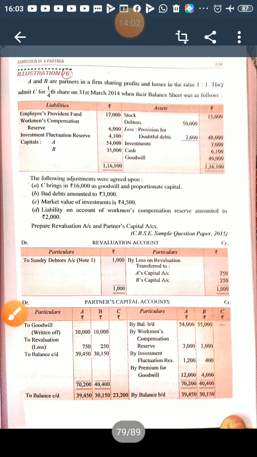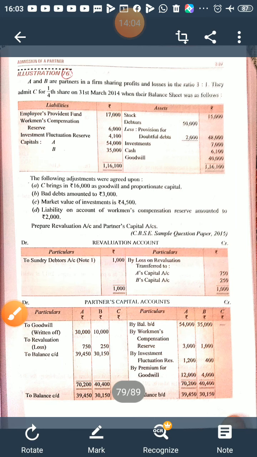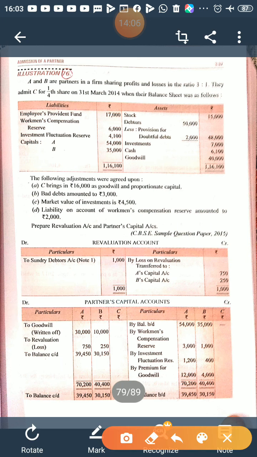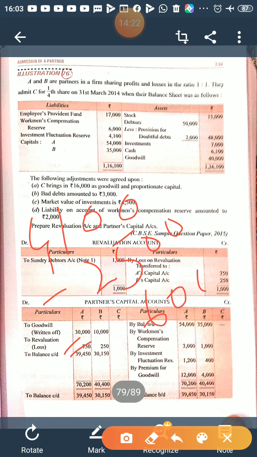We have an investment fluctuation reserve of 4,100. Out of this 4,100, 2,500 will be utilized for meeting the loss due to fall in the price of the investment, and the rest of the amount, that is 1,600, will be distributed among the old partners in their old ratio.